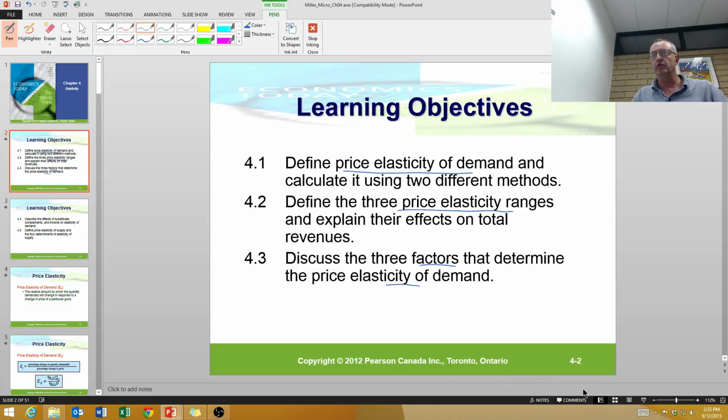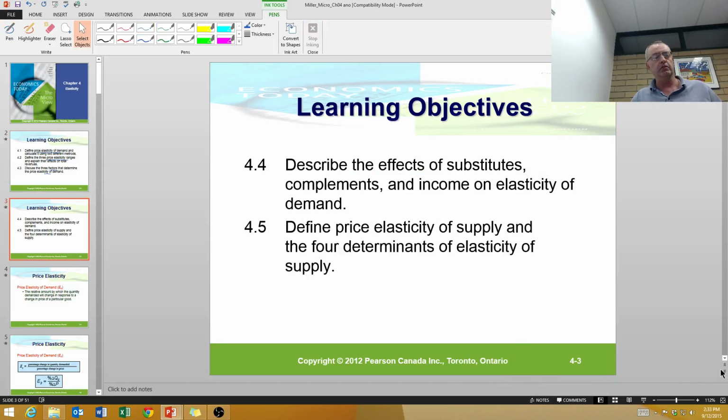Then we move on to the concept of price elasticity of supply, and it's similar to the concept of price elasticity of demand.